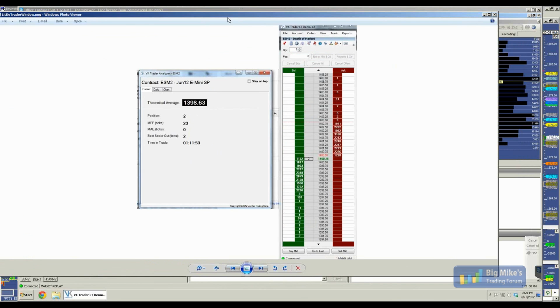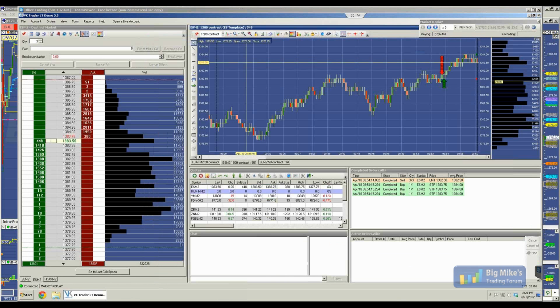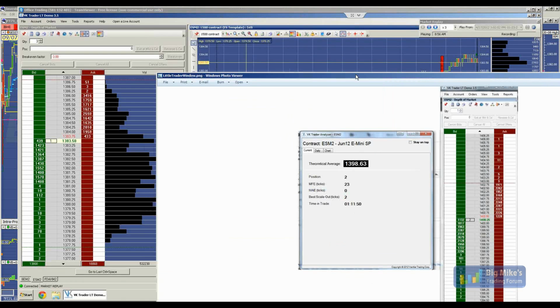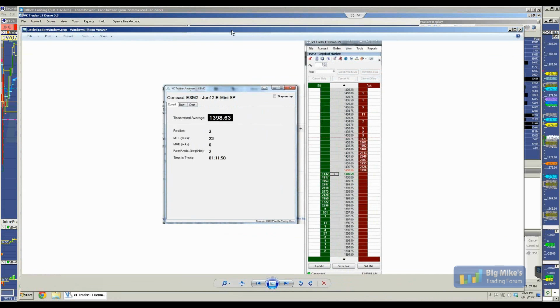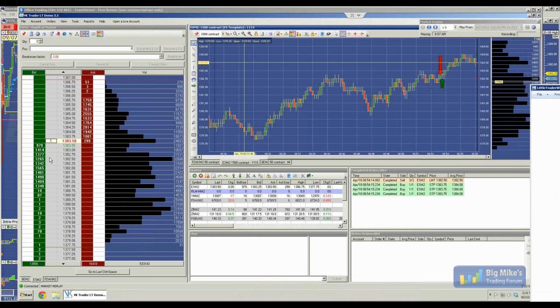So for this trade, my average was 82.50. The market's trading 83.75. Had I gotten the 1, so 82.50, my first scale would have been 82.50, 1, 2, 3, 4, 5, 81.25.